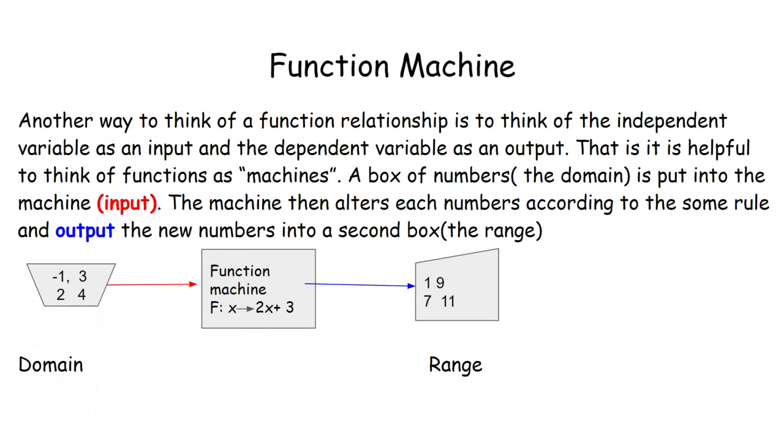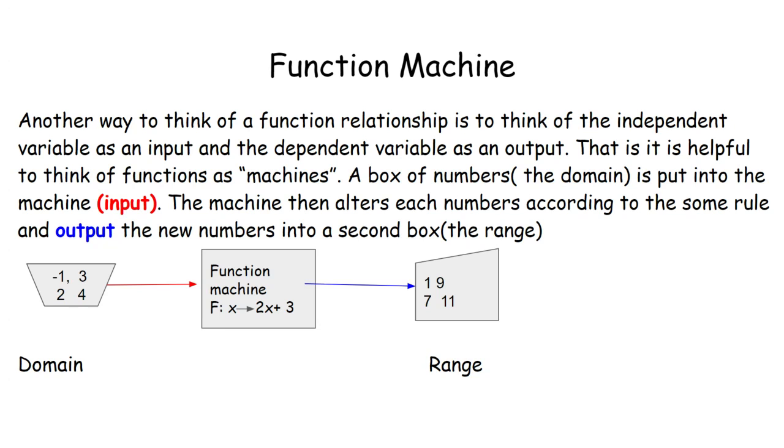Function machine. Another way to think of a function relationship is to think of the independent variable as an input and the dependent variable as an output. That is, it is helpful to think of a function as a machine, a box of numbers. The domain is put into the machine.